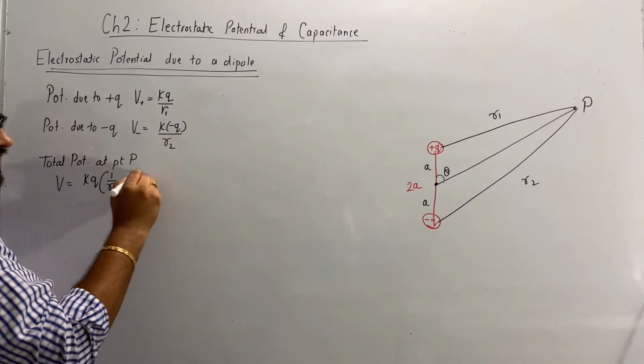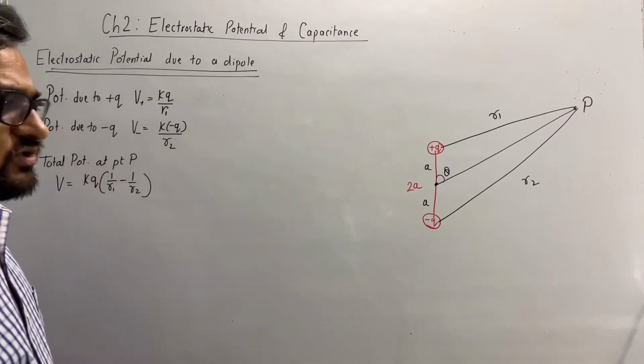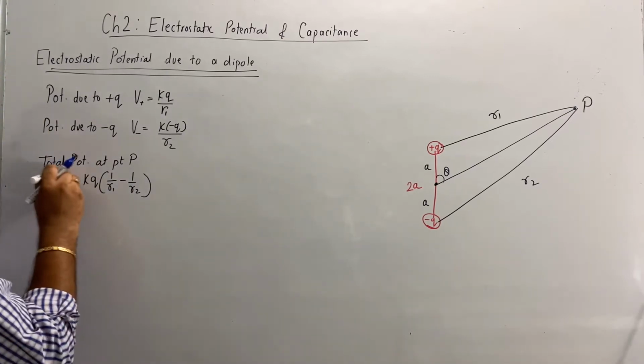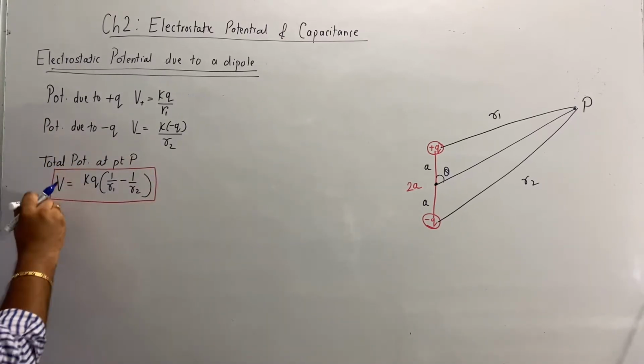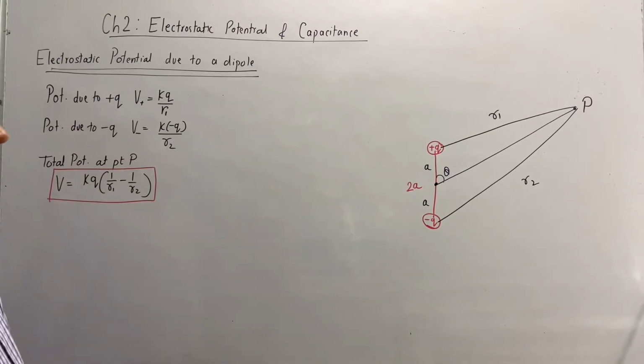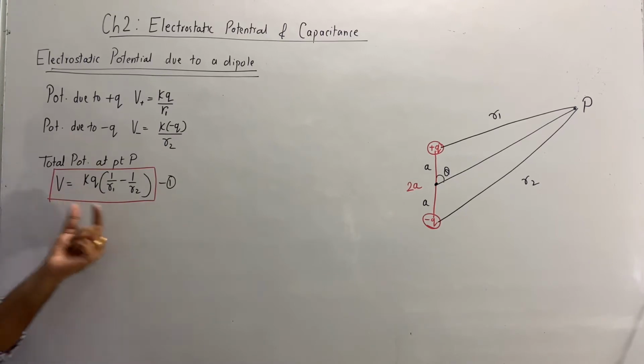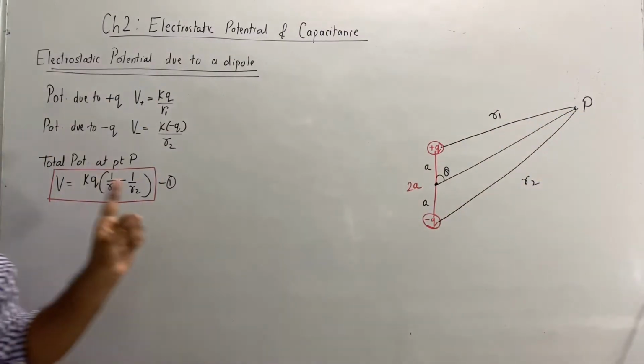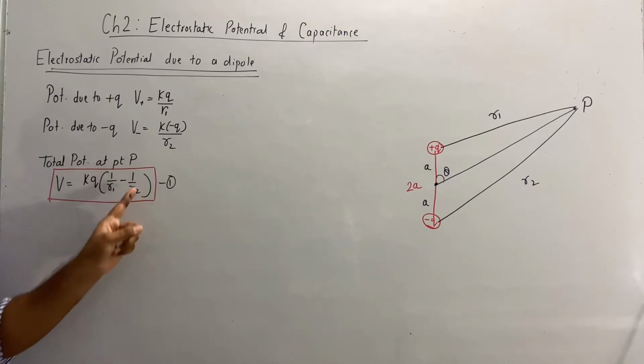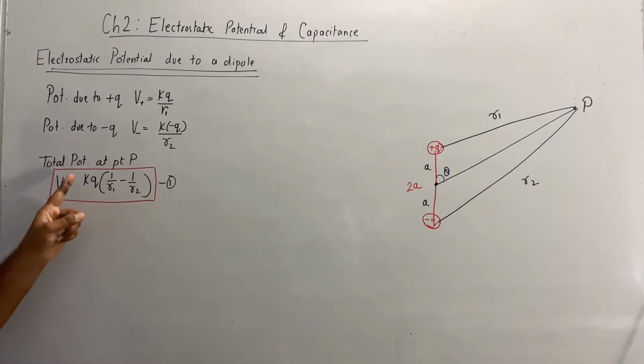Let's name this equation 1. So this is the first step. We have reached that the potential at point P will be KQ times 1 by R1 minus 1 by R2. You can also take 1 by 4 pi epsilon 0 instead of K.